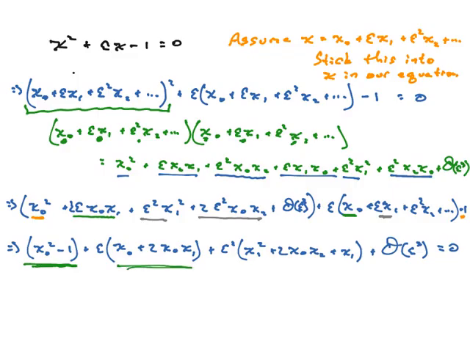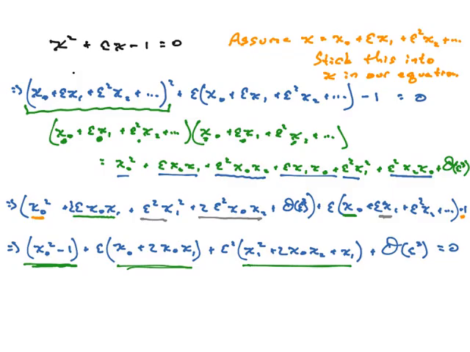This group should be 0. This group should be 0, and so forth. And if that's true, then I'm going to have 0 plus epsilon times 0 plus epsilon squared times 0, and so on. So it doesn't matter what epsilon I choose. I'm just adding a bunch of zeros. That's exactly what I want. So let's go ahead and do that. How do we force that? Each group must be 0.